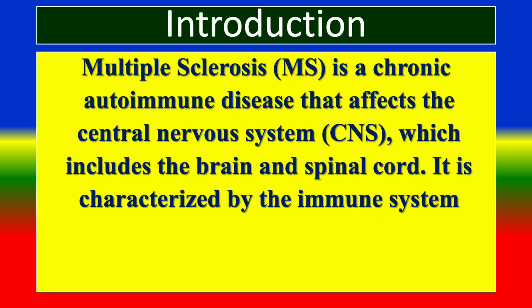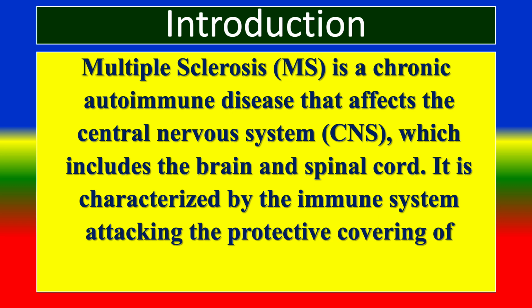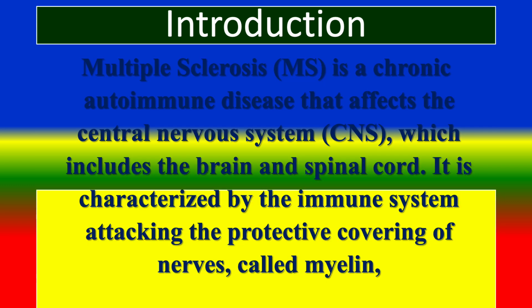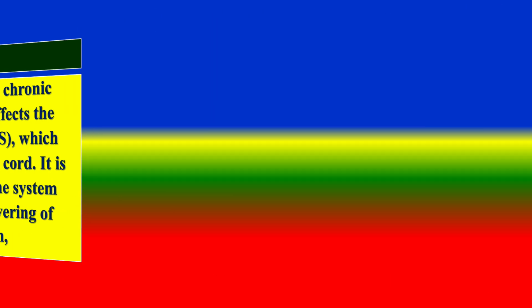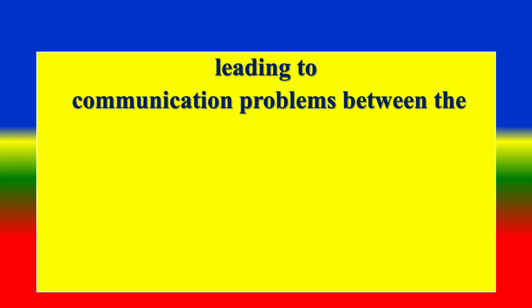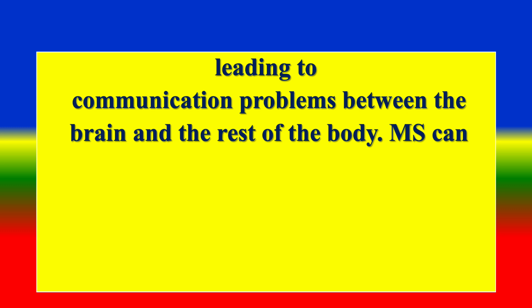It is characterized by the immune system attacking the protective covering of nerves called myelin, leading to communication problems between the brain and the rest of the body.